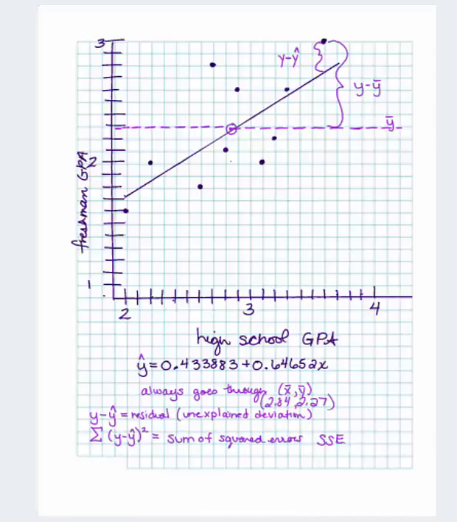And if I put it at the bottom, I might have enough room. If you add up the y minus the mean of y, squared, it's called the sum of squares total, or SST.